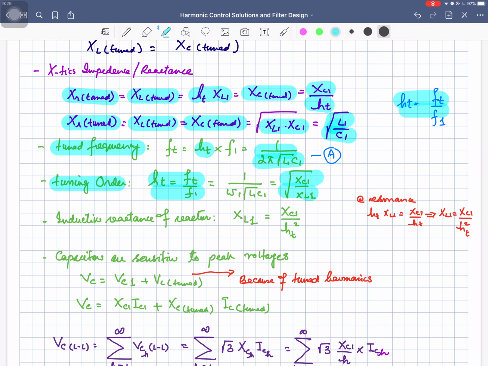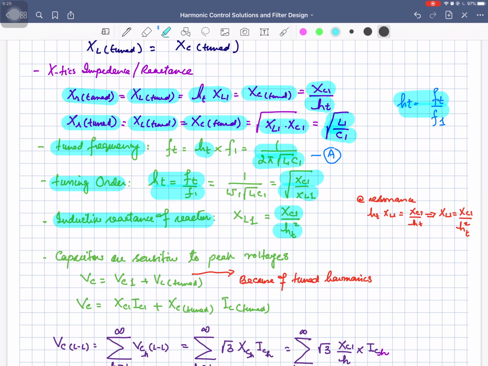Now, the inductive reactance of the reactor at resonance will be equal to the capacitive reactance. So, capacitive reactance divided by Ht square will be the inductive reactance.